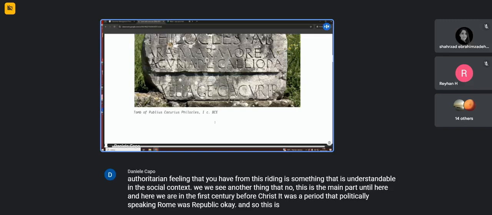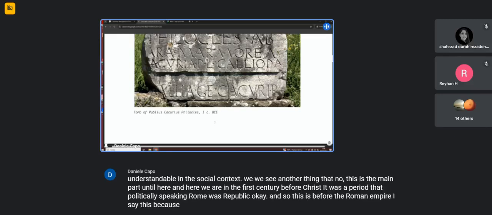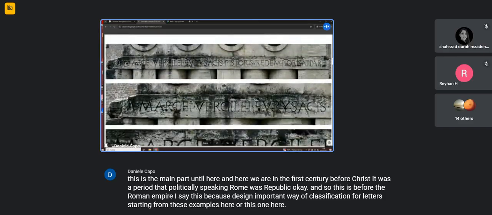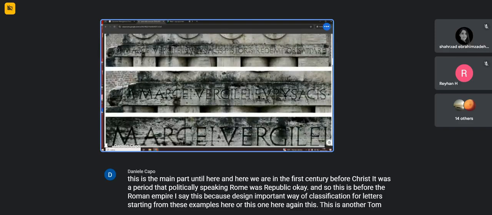So this is before the Roman Empire. I say this because this is an important way of classification for letters. Starting from these examples here, or this one here, again, this is another tomb.